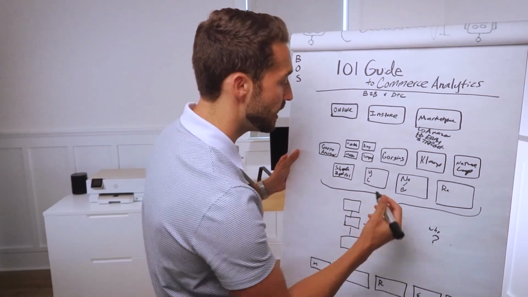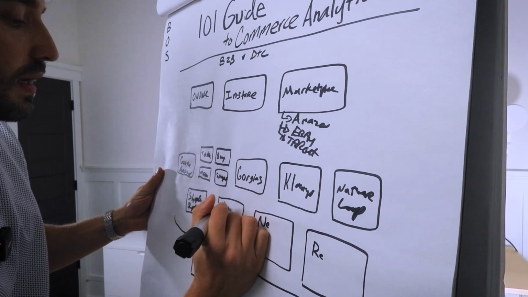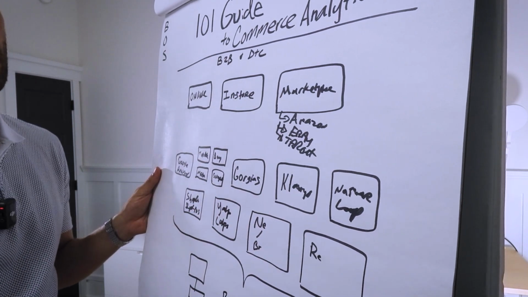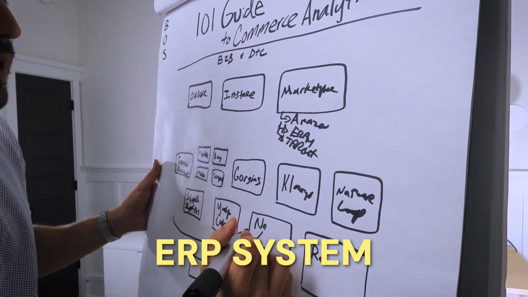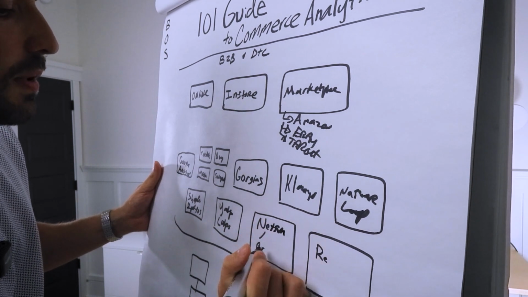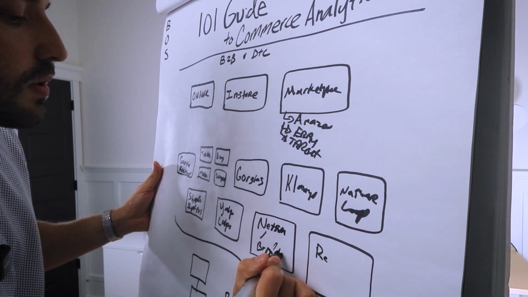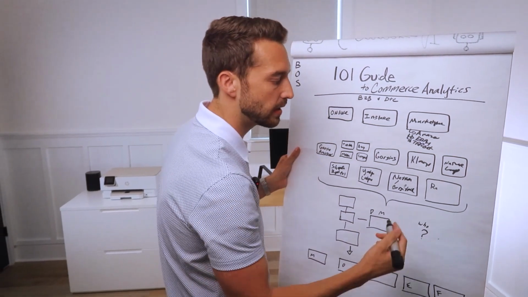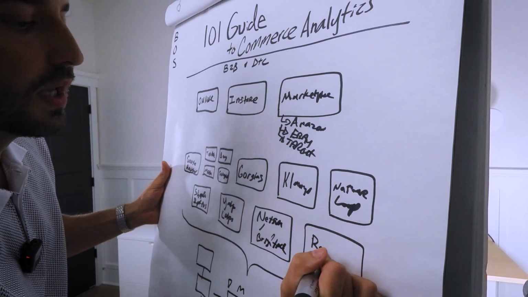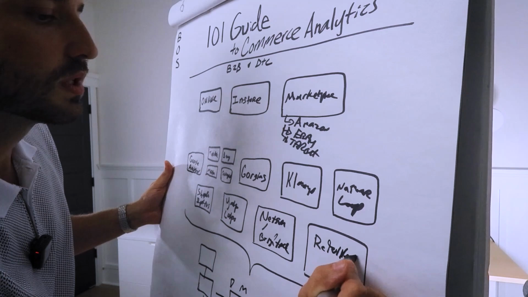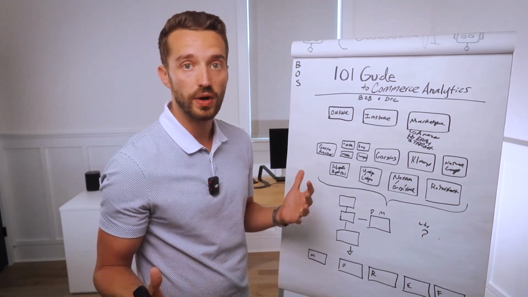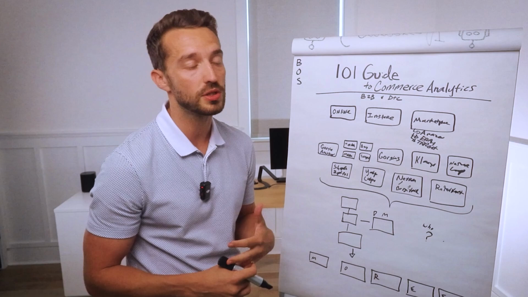If you look at loyalty, you might be looking at something like Yotpo Loyalty as another piece of technology. From here, you might have also an ERP system like NetSuite. You might be leveraging Brightpearl, so there's quite a few as well. And then lastly, you might have some other technology that you're leveraging. One example could be RetailNext, which could be used for capturing store traffic, people coming in and what they're purchasing and what they're buying.